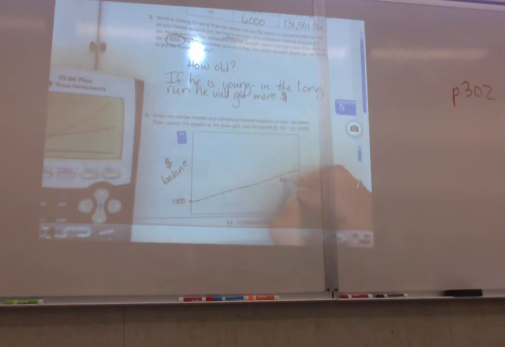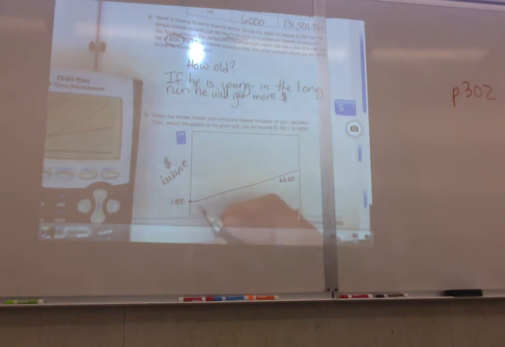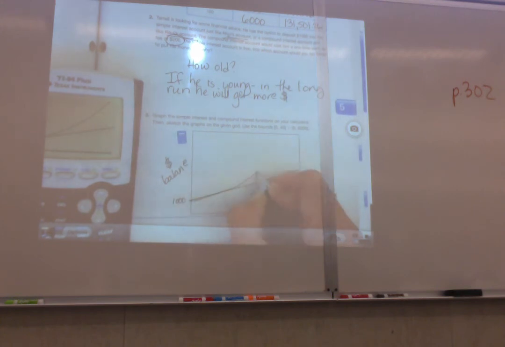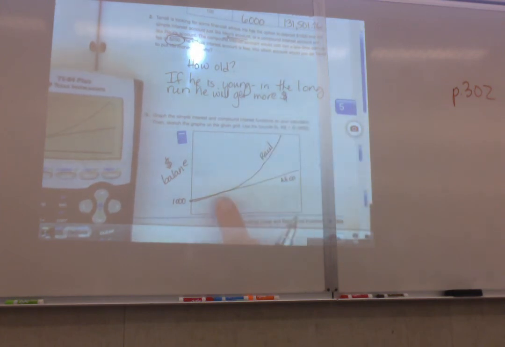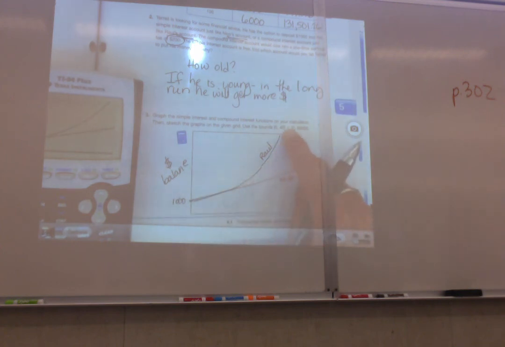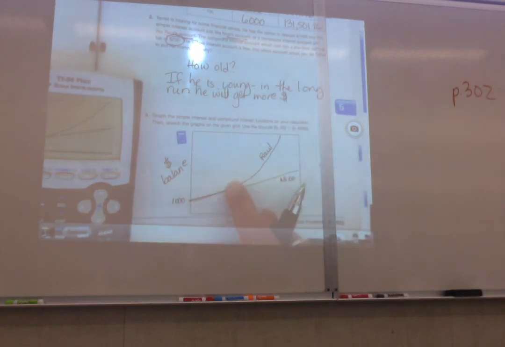That's Nico. It's going up a set amount, $50 every year. And then Raul's starts out pretty close, but starts to swoop up. This is Raul. This is the effect of simple interest, exactly the same every year. This is the effect of compounding interest, a linear function, an exponential function.